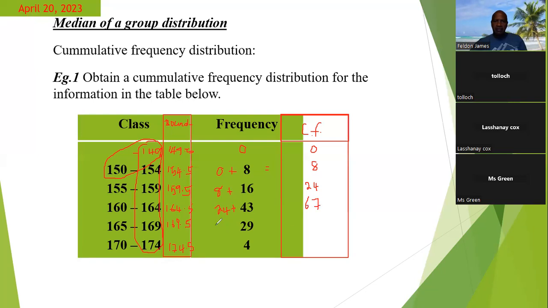Then you have that 67, and you add the 67 to the next frequency value. So that will be 67 plus 29. So that would give you what? So 96. And then you add that 96 to 4.